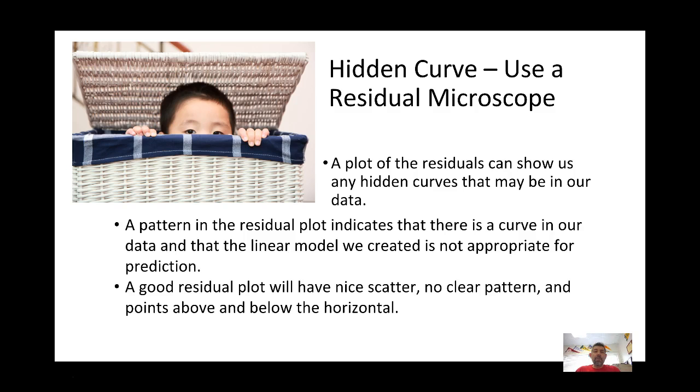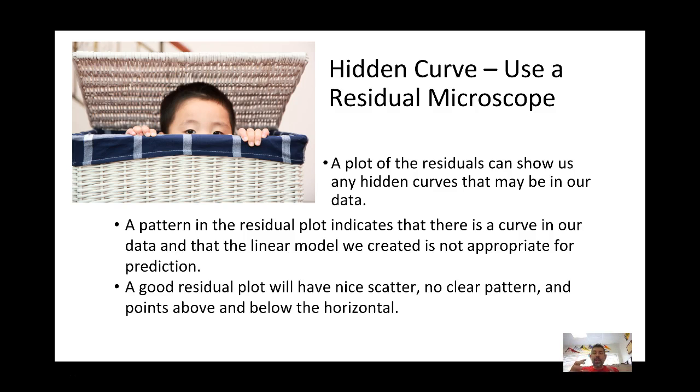Well, the R tells me how strong the linear relationship is, but it doesn't tell me whether a linear model is appropriate based on my data, because the data might actually have a curve in there that I don't really see. So what I need to do is take a microscope and zoom into the scatter plot and see if there's an actual curve in there.